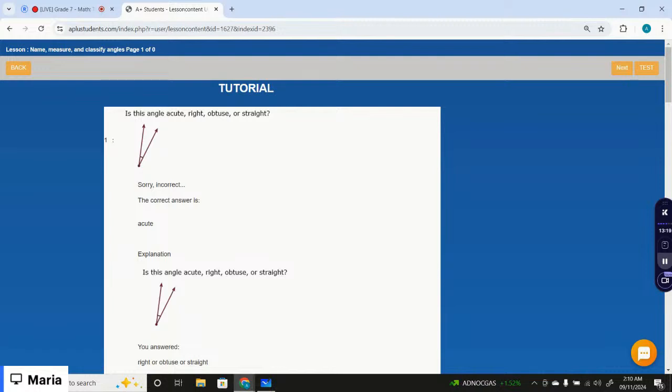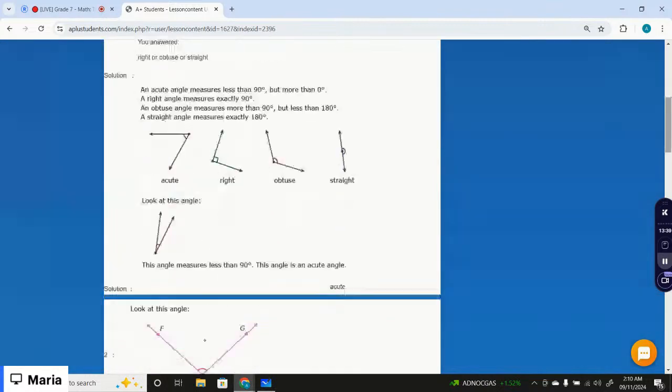Is this angle acute, right, or obtuse, or straight? That is an acute angle that is less than 90 degrees, so that is an acute angle, right?